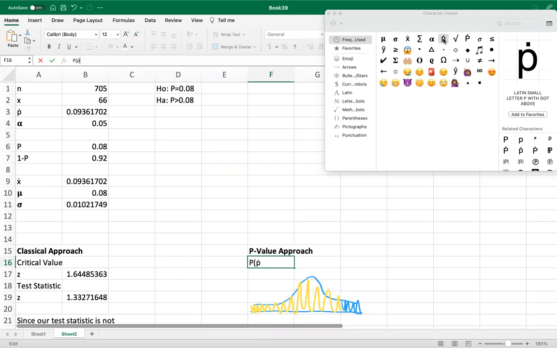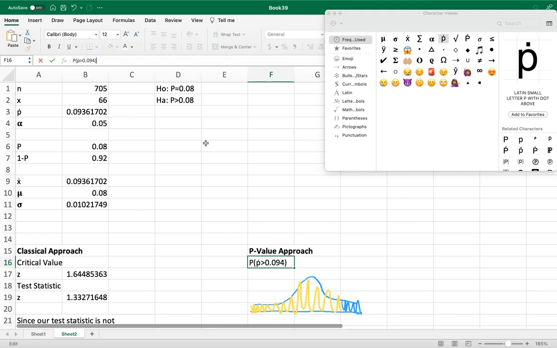I'm not sure why it's not working. There we go. Okay, so the probability of p hat, remember, we're looking for this blue region, to be greater than or equal to what we have here, 0.0936 or 0.094.